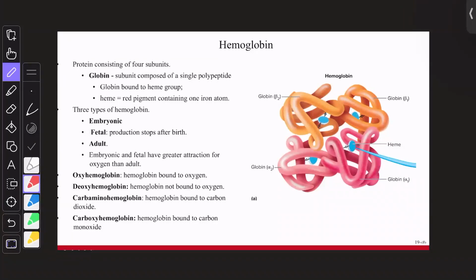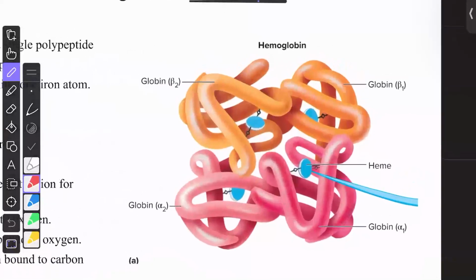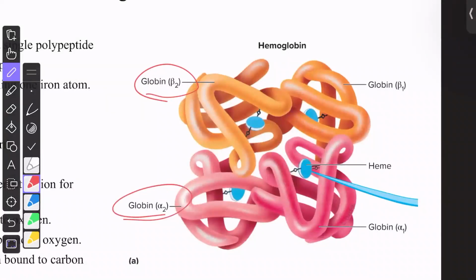Do you remember the 2 different kinds of secondary structures that exist? Let's start there. A beta pleated sheet and an alpha helix, okay? I point that out just because 2 of these globin units are beta pleated sheets, and 2 of these globin units are alpha helices.